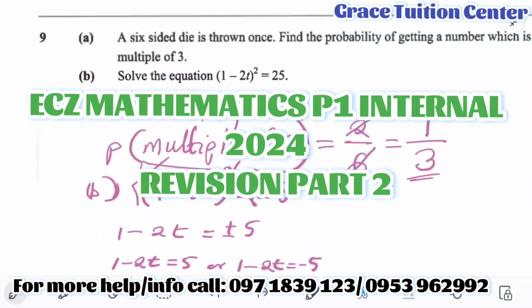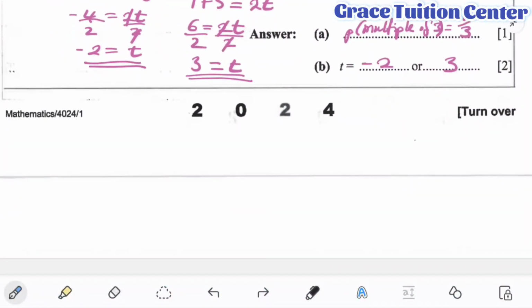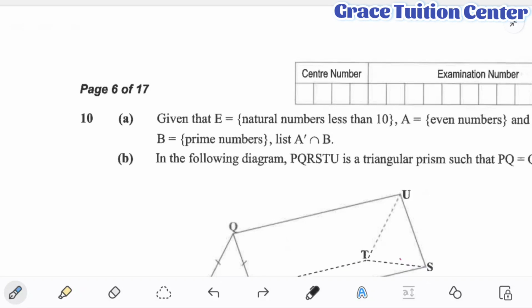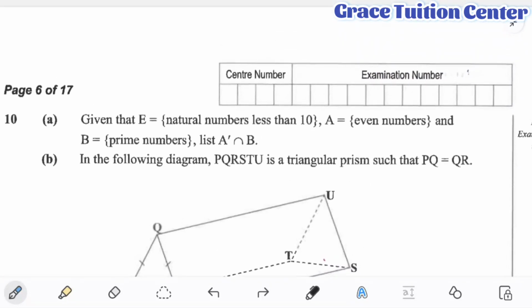So this was question 9, so we proceed with the next question, which is question 10.